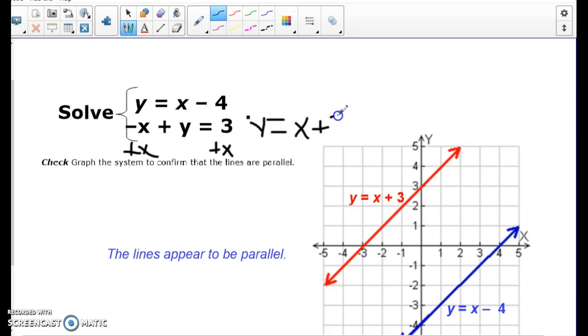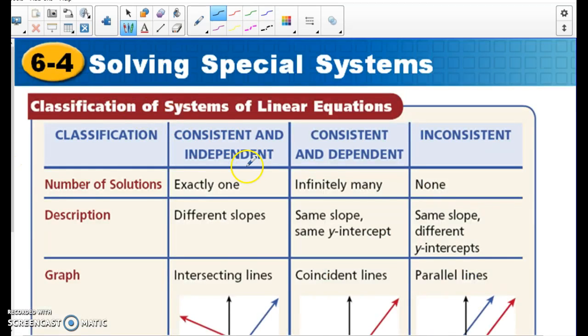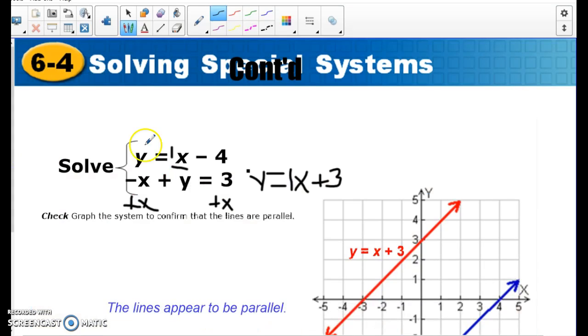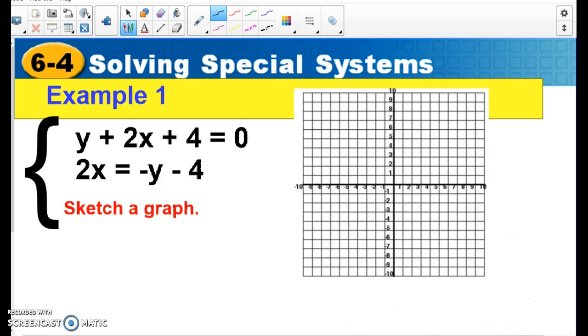Now let's look at these slopes here. This one says y equals x minus 4, so my slope is 1x. This one says y equals x plus 3. My slope is 1x. Well, when things have the same slope but a different y-intercept, this is a 3, this is a negative 4, we find out they're going to be parallel lines and have no solutions.